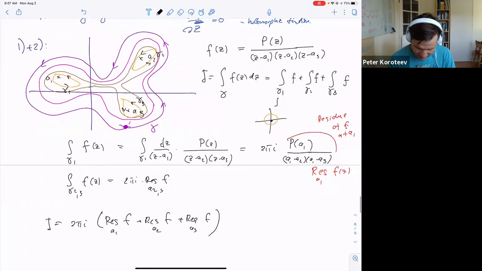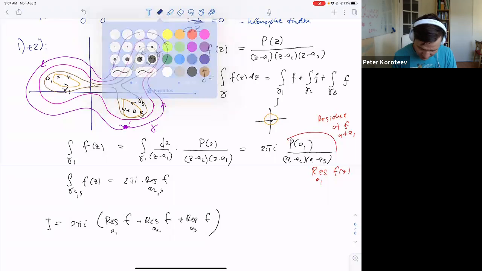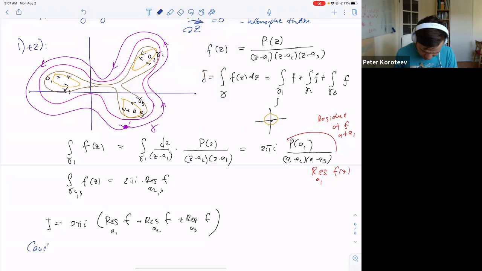And as you can imagine, there's a generalization. So this is called the Cauchy residue theorem. It requires that f is holomorphic, or differentiable, on U without those points A1 through AN.